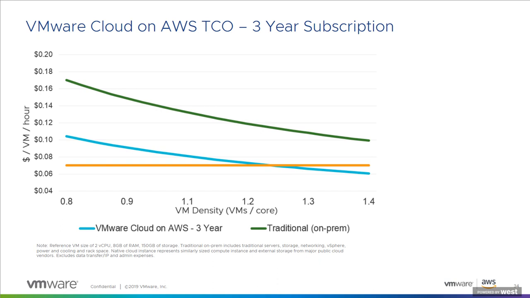So the blue line in the chart shows the dollar cost per VM per hour with the VMware Cloud on AWS service. VMware software delivers the benefits of oversubscription, so we can oversubscribe those hosts. The reason that you can oversubscribe is because on average the various VMs are not using all of their provisioned CPU capacity at all times.